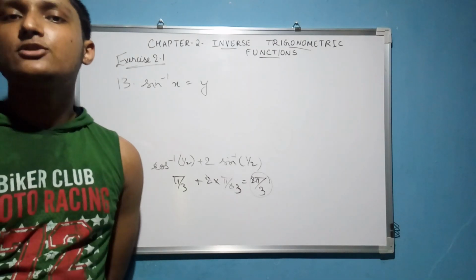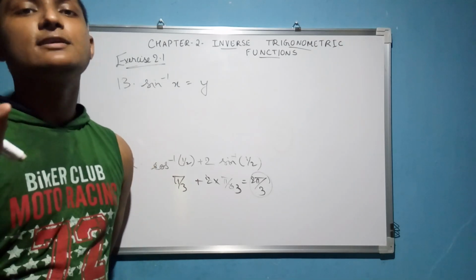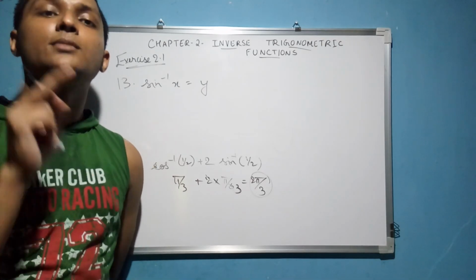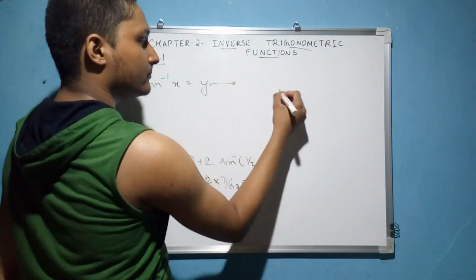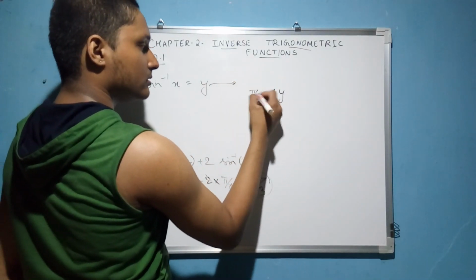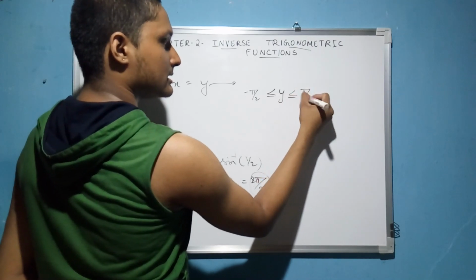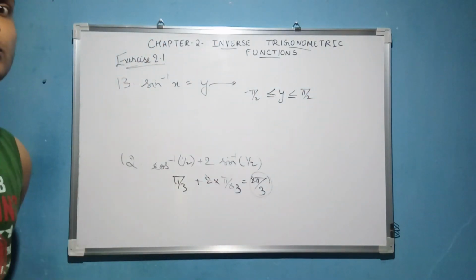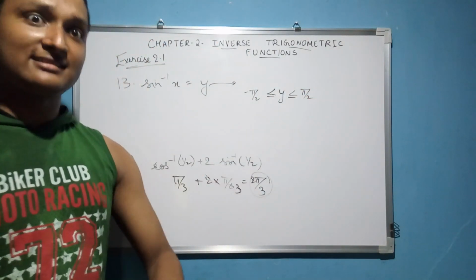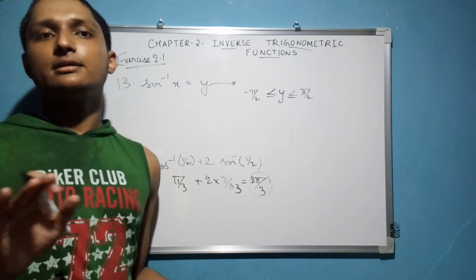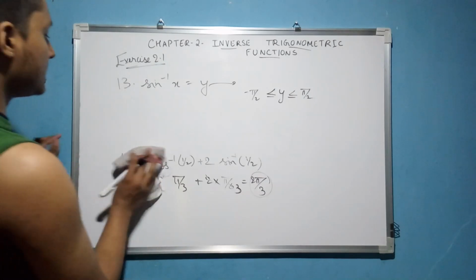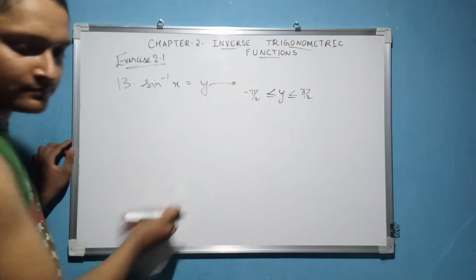So the principal value branch of this says that the range of the sin inverse function always has to be from minus pi by 2 to pi by 2. Therefore y should be always between minus pi by 2 to pi by 2. This is the principal value branch of that. That is the question, but it is not given as it is that it is the principal value branch. You are just asked to write where does y belong to.